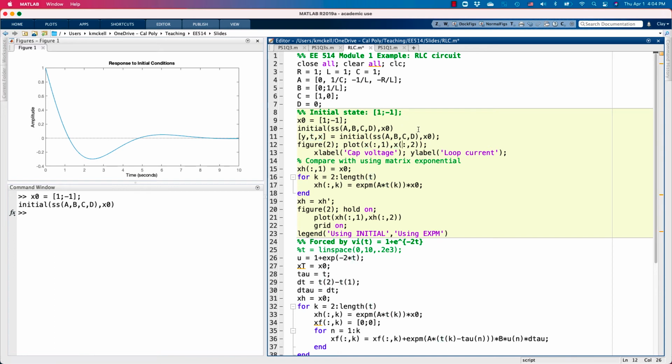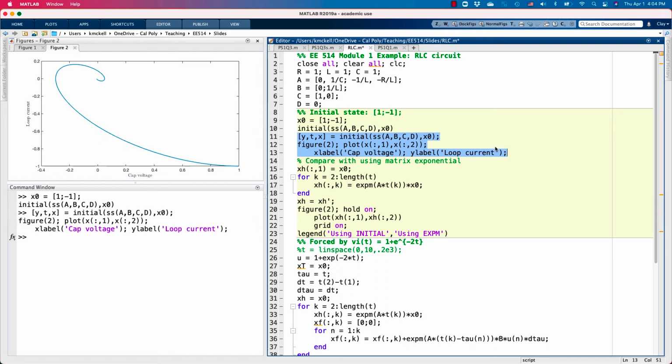So if I run these lines, then we get the phase portrait of the system. It's not actually evident just looking at the figure, but this is our initial state, right? 1 volt, comma, negative 1 amp. And then we can trace the state trajectory towards the origin, as you would expect for a stable system.